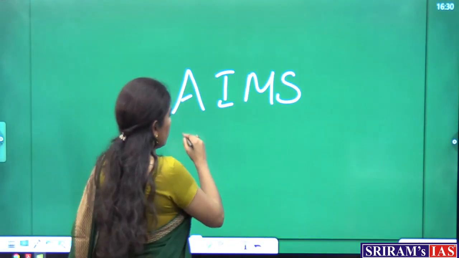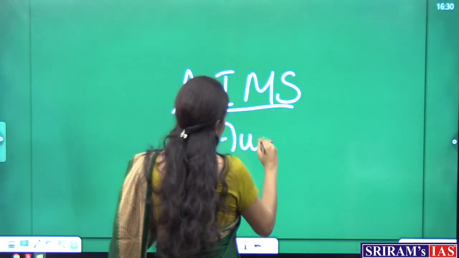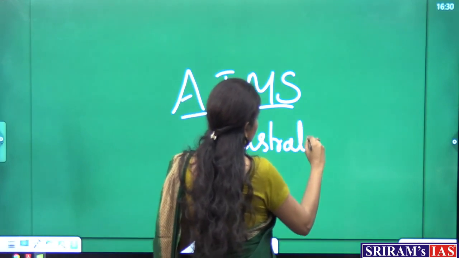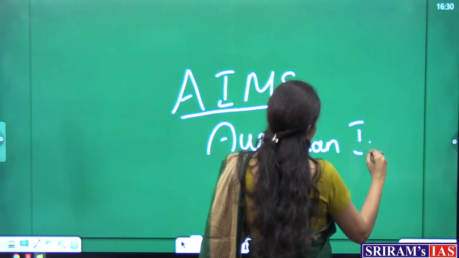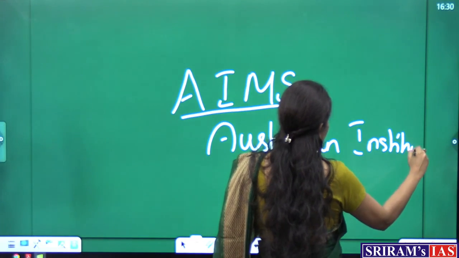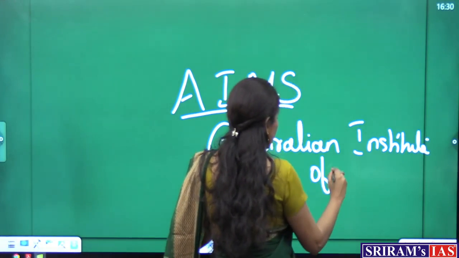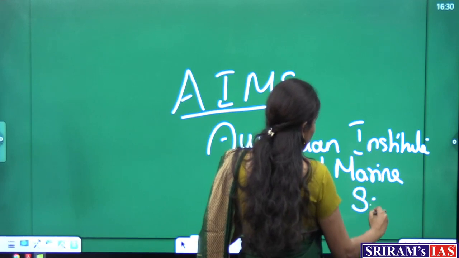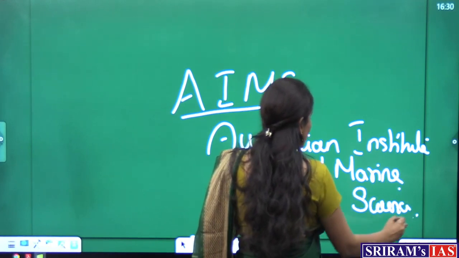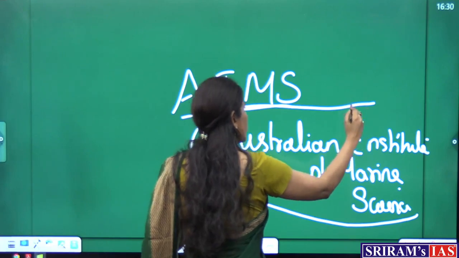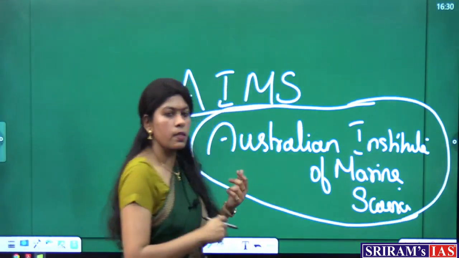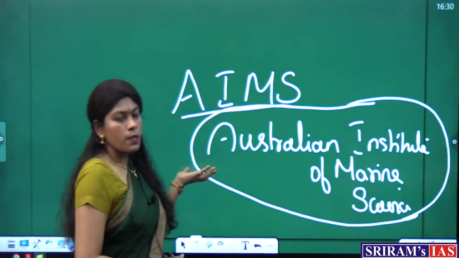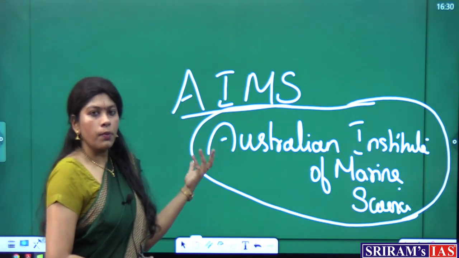Not our AIMS, it's the Australian Institute of Marine Science. This is the institute which has developed this technology to preserve the coral. Nowadays this is very important because climate change is continuously causing harm to other living organisms, right?